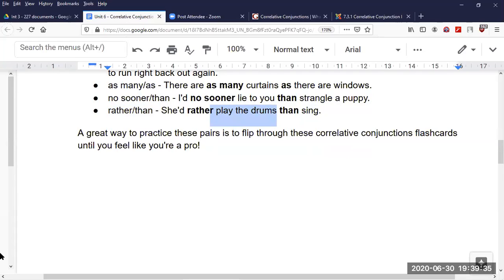So I'd rather read a book than watch a movie. I'd rather play football than play golf. I'd rather go to the rainforest than go to the beach. So we're using rather and than to express a preference for one thing over another. It's not just actions, we can use it for things as well. I'd rather cake than biscuits.